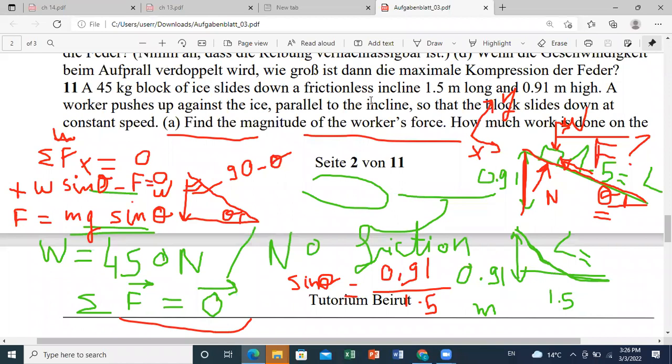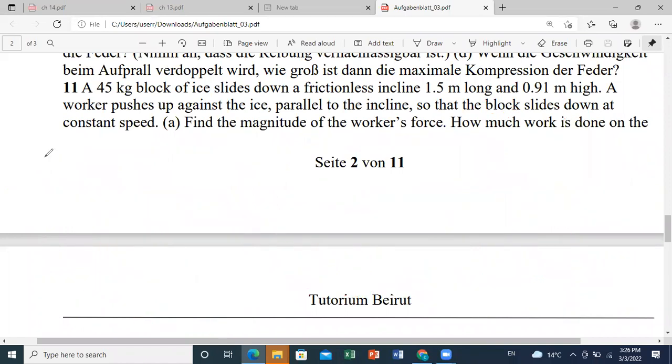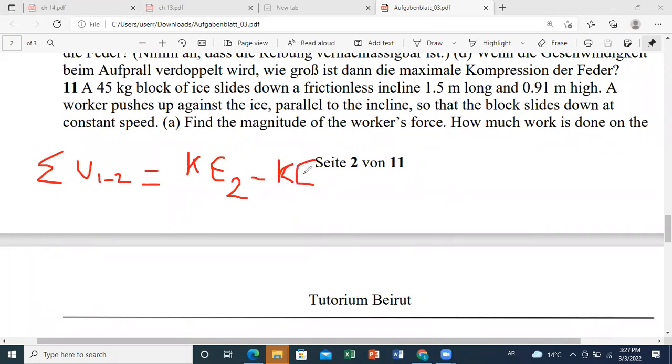If we go back to the principle of work and energy, we know that the sum of work of forces between state 1 and state 2 is equal to the kinetic energy at state 2 minus the kinetic energy at state 1. And since we are moving at constant speed, this means KE2 equals KE1.